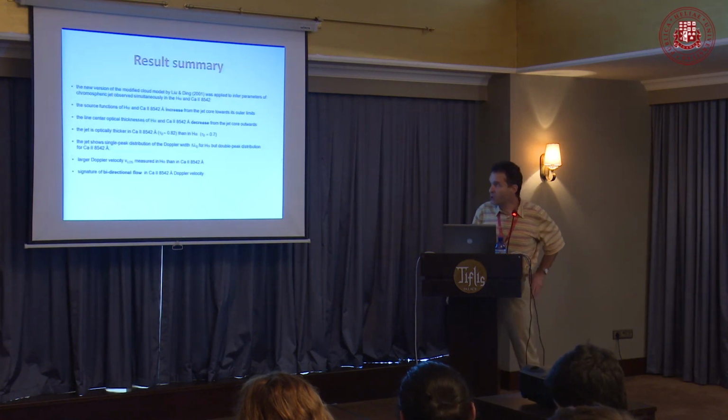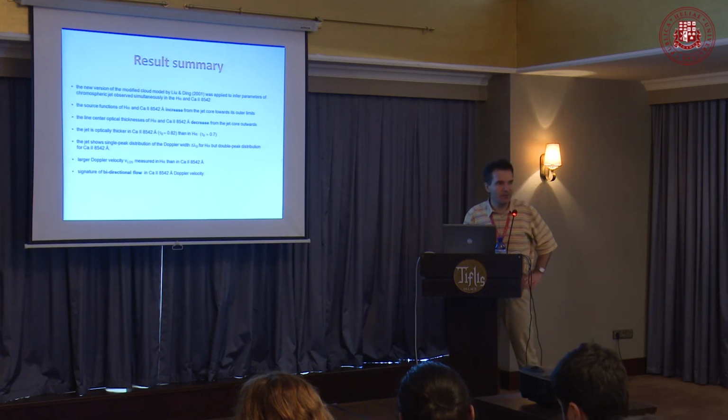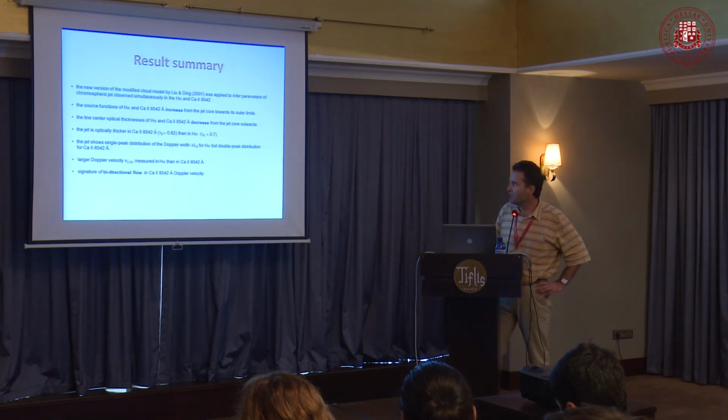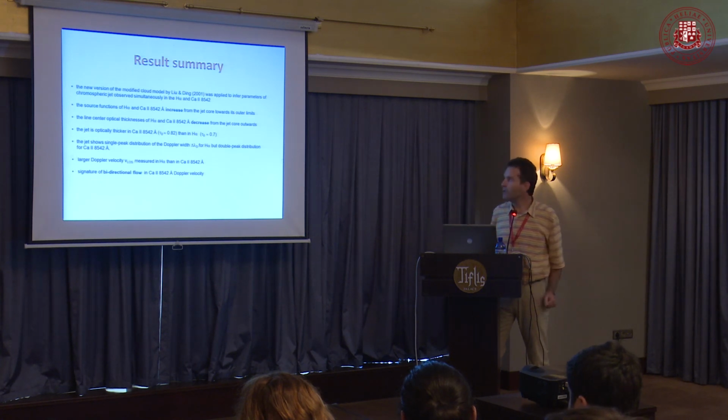Because I'm approaching the end of my time, here is a very quick summary of what we did in this study. We applied a new version of the modified Klein model, originally developed by Liu and Link, and this method was applied to infer parameters of the chromospheric jets in the H-alpha and calcium lines. We found a clear increase of the source function in both H-alpha and calcium outward from the core of the jet.